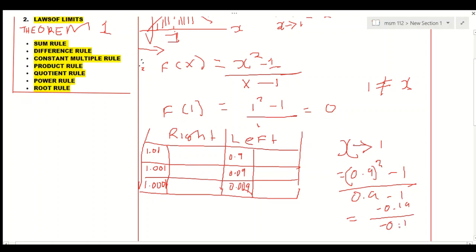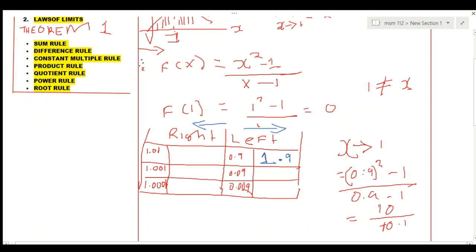When you divide negative 0.19 by negative 0.1, the negatives will cancel, of course. You get 1.9 here. So my answers, I'll be writing them in blue ink. You get 1.9. It's from the left hand side. Don't forget, left hand side, and this is the right hand side.